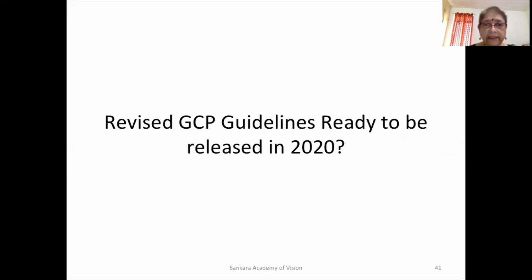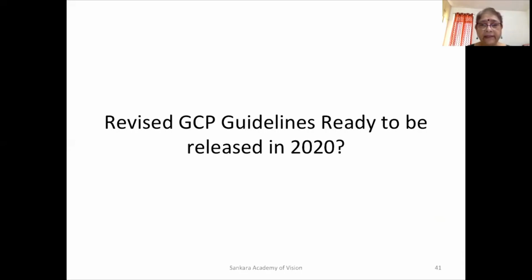This is important because, as I told you, part of the ICMR ethical guidelines was adopted in the Indian GCP. Now the ethical guidelines have been revised twice after that, and the latest one is in 2017. Besides that, we now have the New Drugs and Clinical Trials Rules. So it's high time that the Indian GCP guidelines adapt to these changes.